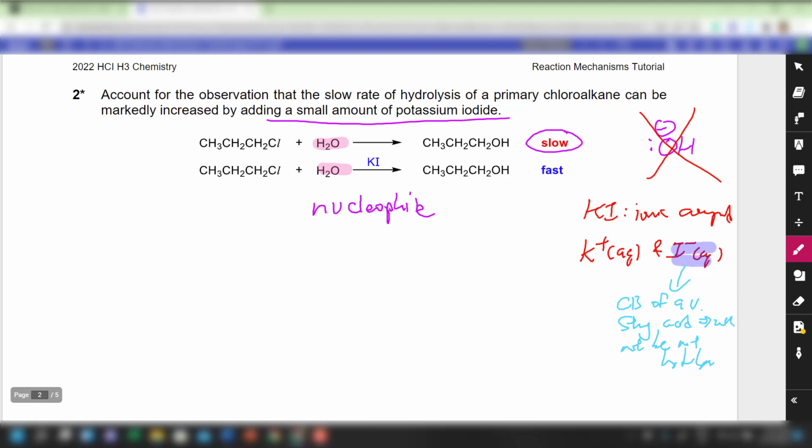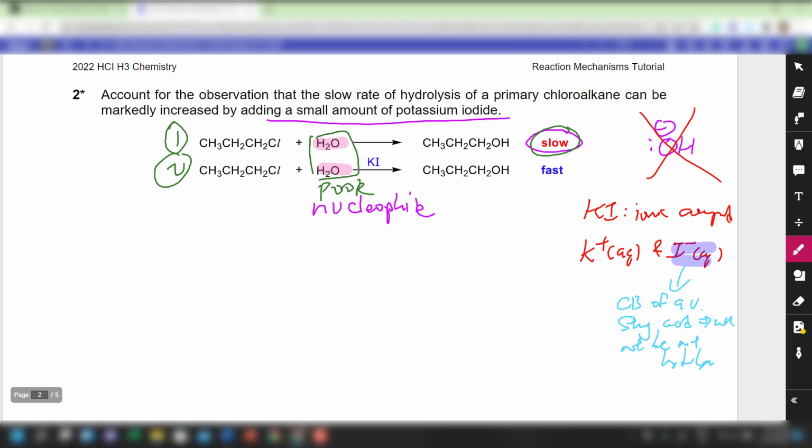We can make sense of why it is slow. It is slow because, number one, we have a very poor nucleophile. Water in this case is a poor nucleophile, so you have to emphasize that. That explains why the first reaction is very slow.